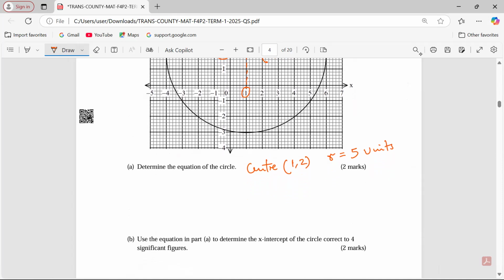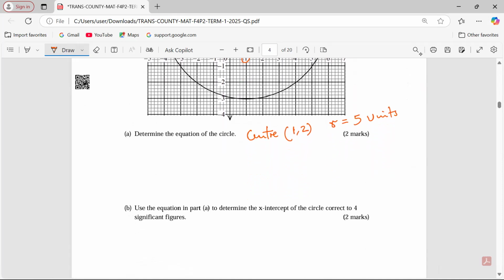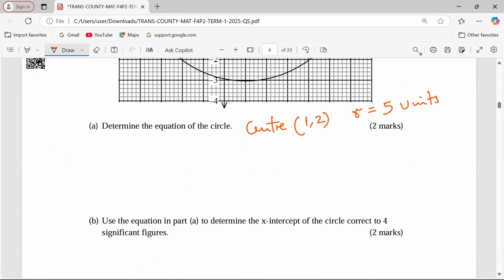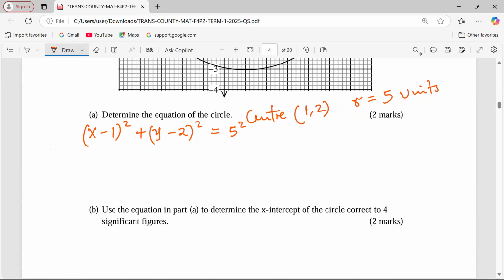So to get the equation of this circle, we just need x minus the x coordinate, which is 1, squared, plus y minus the y coordinate, which is 2, squared. This is equivalent to the radius also squared. Now with this, radius squared is 25.